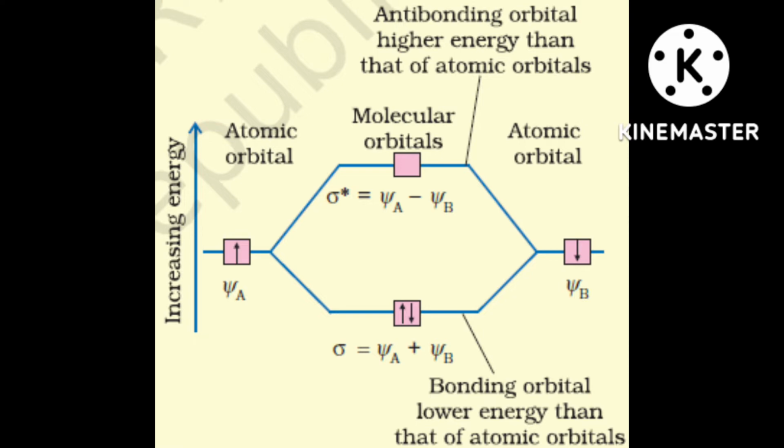Here also in this theory, the Pauli's exclusion principle and Hund's rule are applied. This is the features of molecular orbital theory. It is 7 points I have discussed.